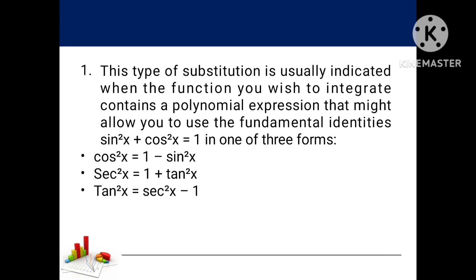So we have three forms of the fundamental identities. First one is cosine squared x is equal to 1 minus sine squared x. The second one is secant squared x is equal to 1 plus tan squared x. And the last is tan squared x is equal to secant squared x minus 1.